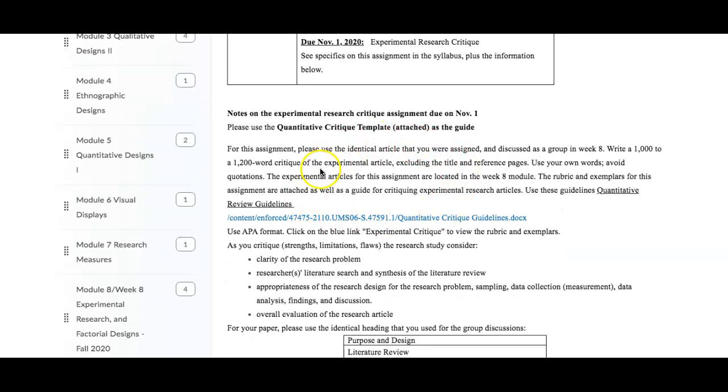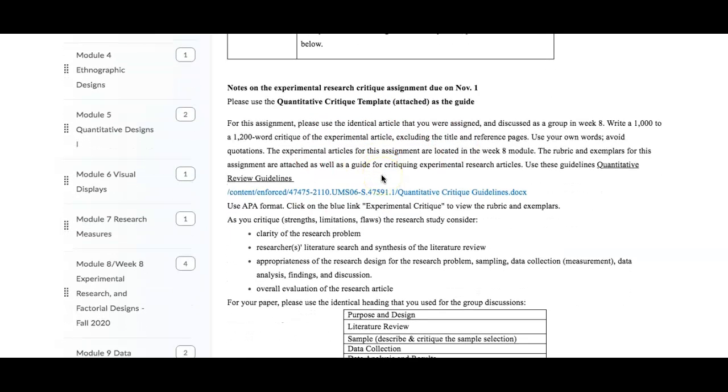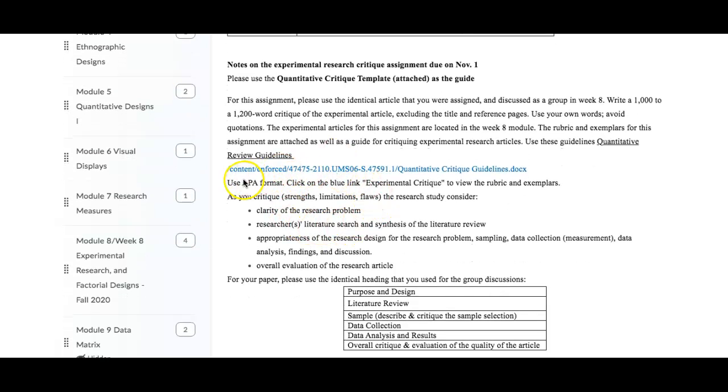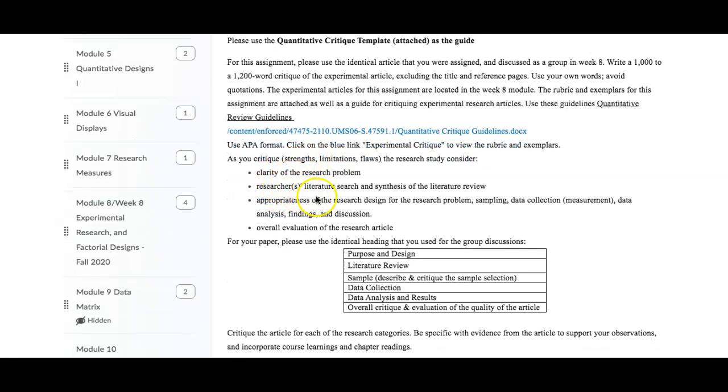So a couple of things on the assignment. This is similar to the qualitative critique that we did earlier in the course, but this happens to be on the experimental article that each and every one of you were assigned to and discussed last week. It's going to be in the same APA format. Here are some considerations.